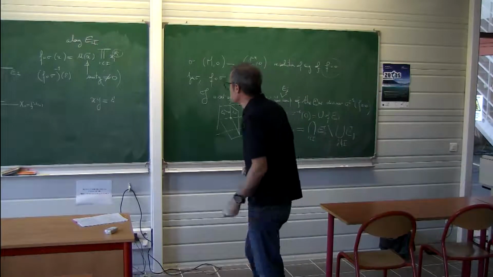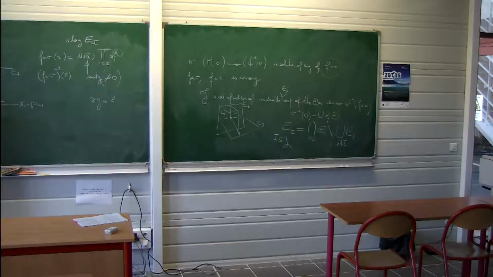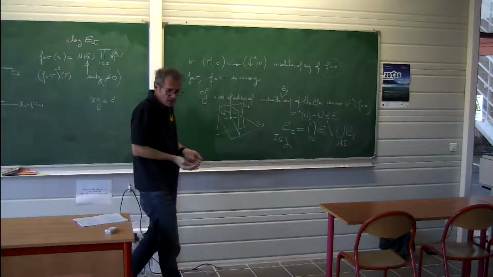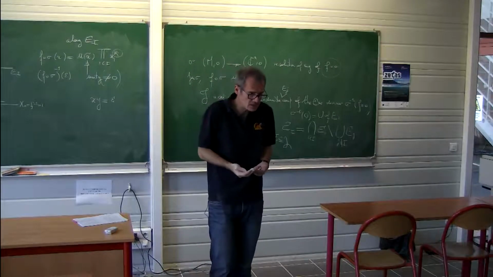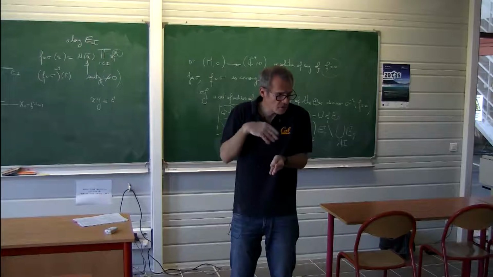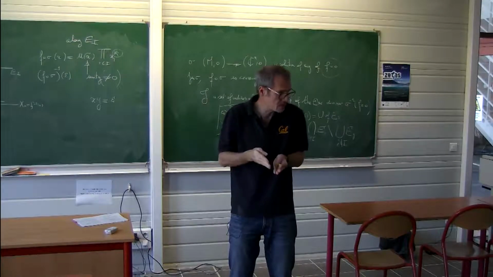Okay? So the Euler characteristic here is 0. So there is no contribution in the Euler characteristic of those parts. So the Euler characteristic is completely given by the blue parts above the red strata with maximal dimension.